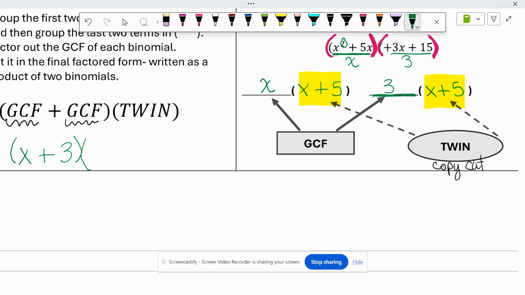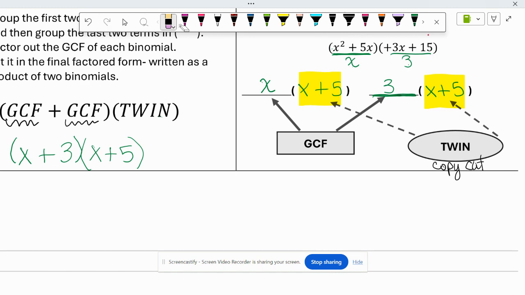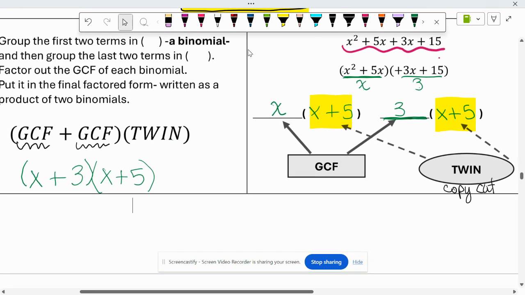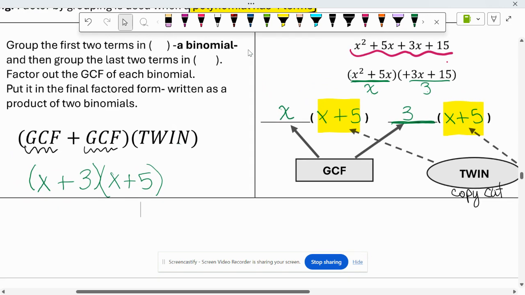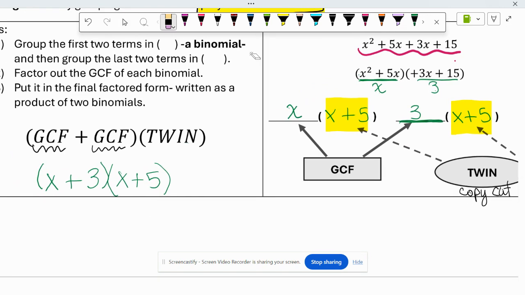What was the twin that you took out? x plus 5. So this polynomial right here that we started with, x squared plus 5x plus 3x plus 15, actually equals this in factored form. This is a product of two binomials.